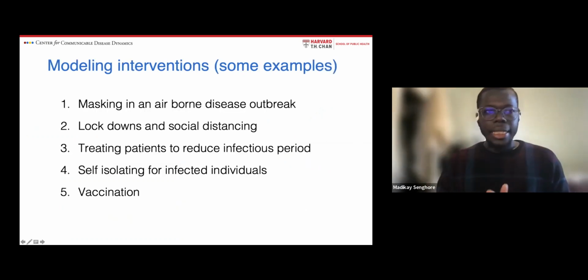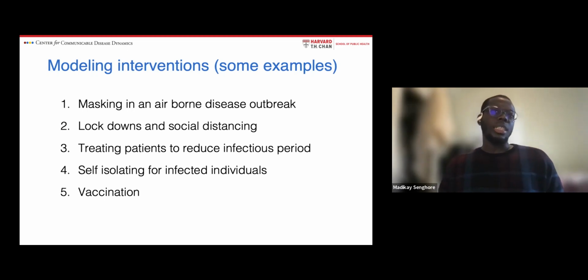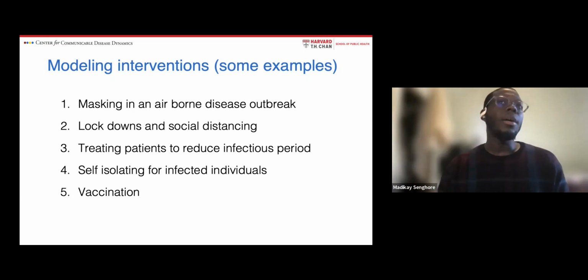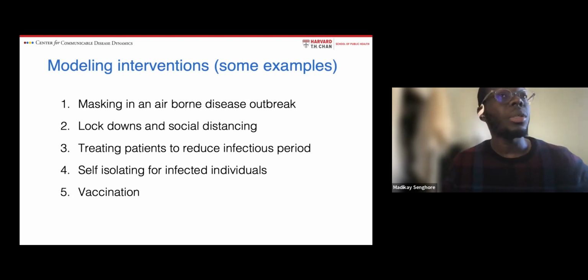So I guess this is the fun part of the talk, or at least I hope so. What I want us to do is to apply what we've learned so far to answer a few scenarios. We're going to look at what happens if there's an airborne disease outbreak, what happens when individuals start using face masks, and how you can account for this in your model.